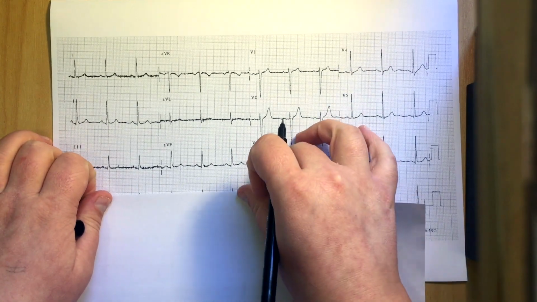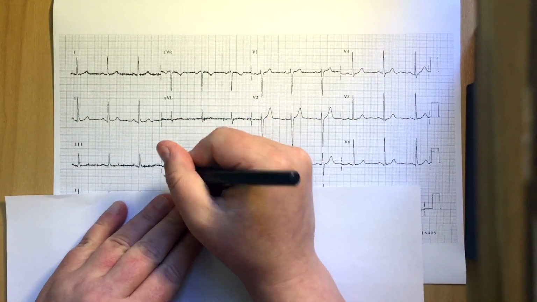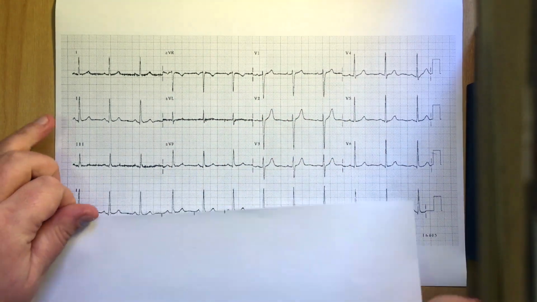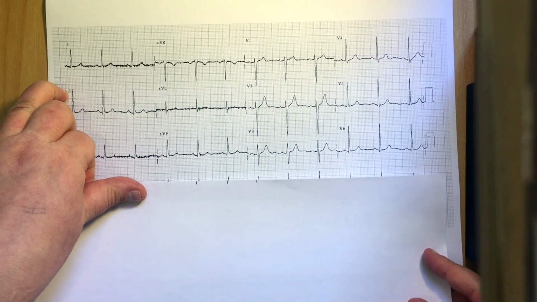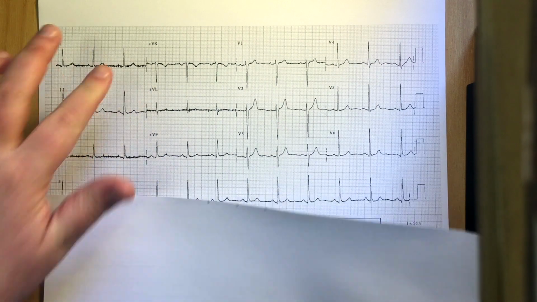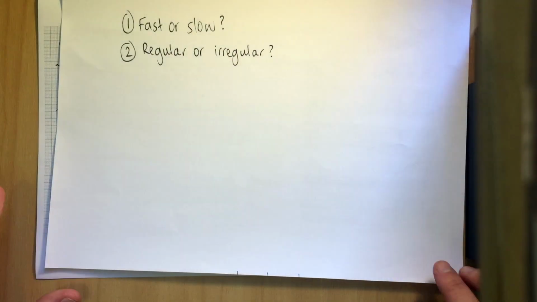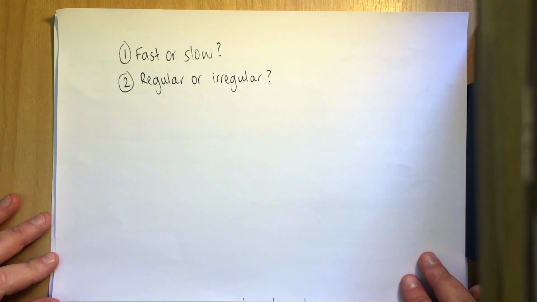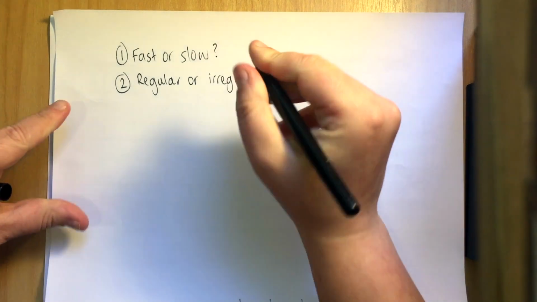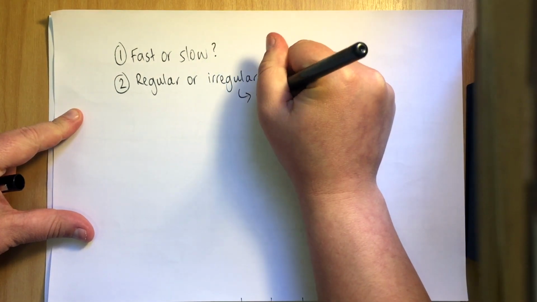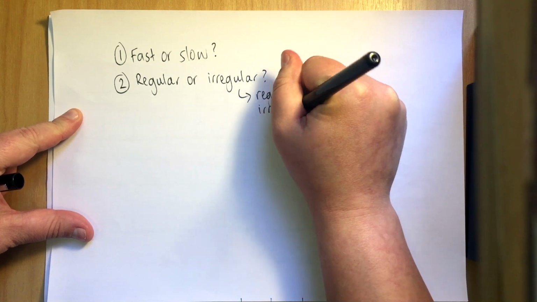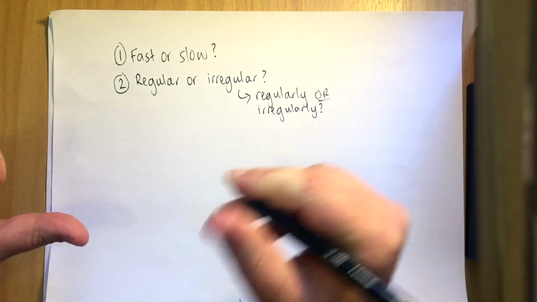So you line up a piece of paper with your QRS complexes, draw a few wee lines, and then you can slide it across and see if they keep on lining up, and if they do, then it's nice and regular. Hopefully that showed up okay. If a rhythm is irregular, then we need to know, is it regularly or irregularly irregular?